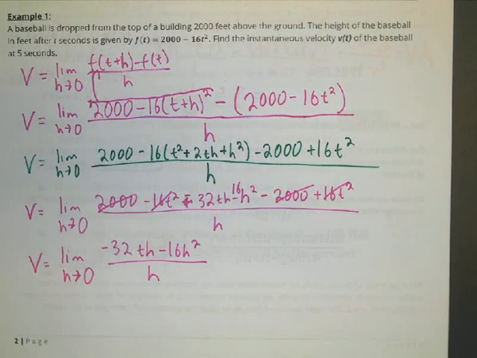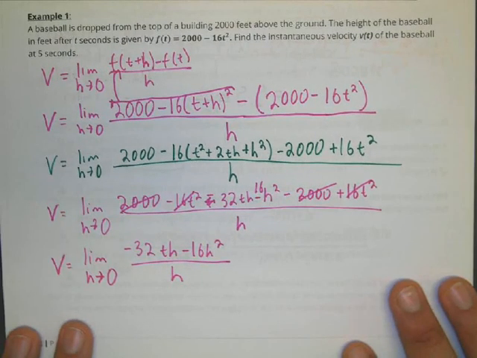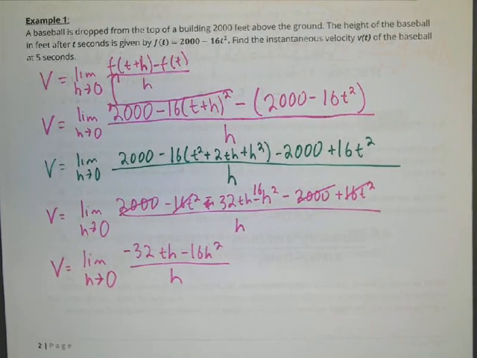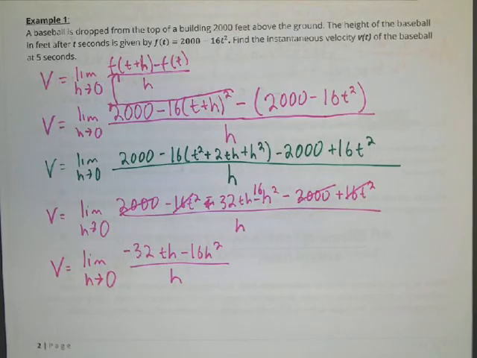And a good rule of thumb when you're doing these limit problems is to say, oh, I'm probably going to have h in the top in every term here. If you have h in the top for everything, you're probably on the right track.